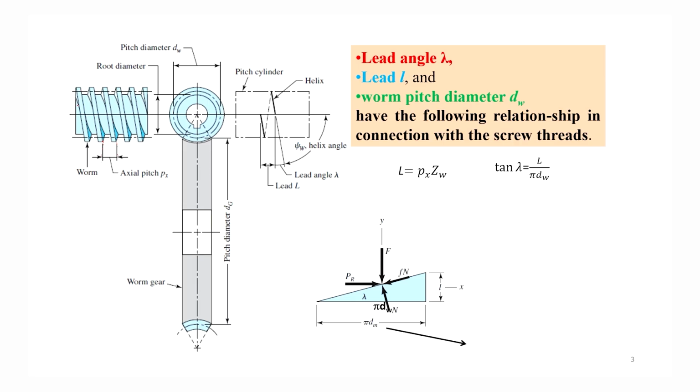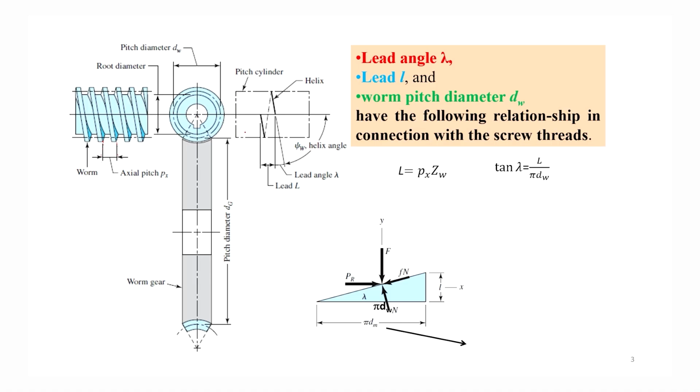If the number of starts, or the screw going all over its length, is 1, then it is called a single start worm, otherwise it is multiple start. This is the gear which is meshed with the worm, shown in the side view.